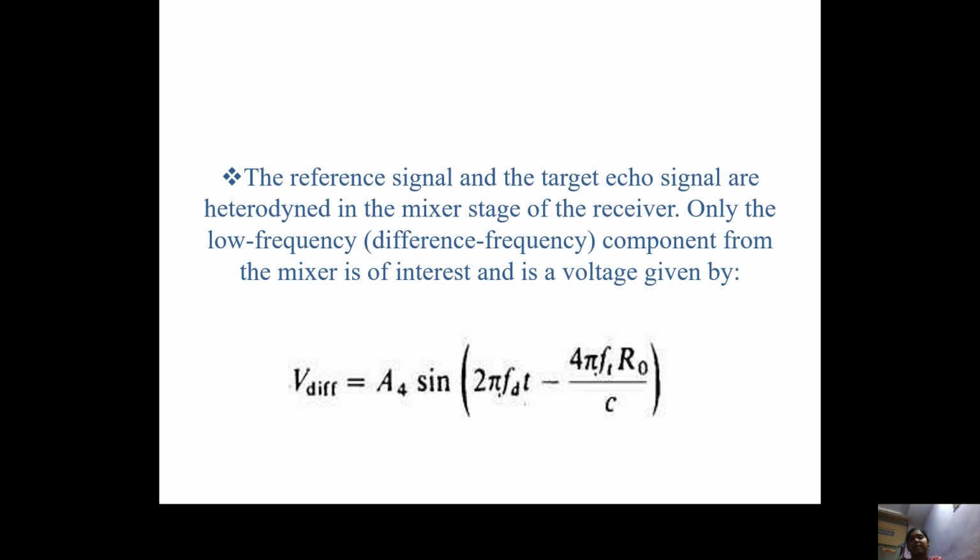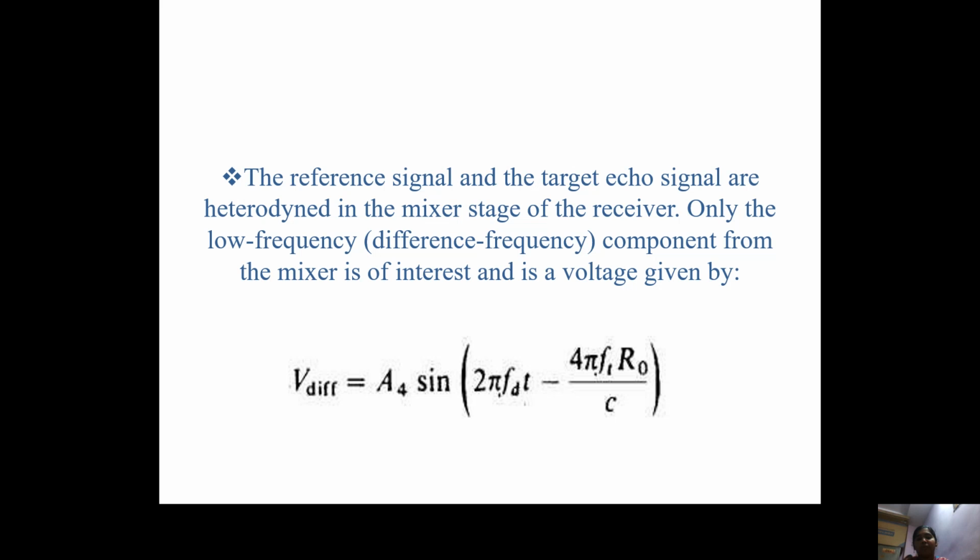As I have mentioned earlier, the reference signal from the continuous wave oscillator and the echo signal received at the receiver can be heterodyned. They are mixed, combined in the mixer stage of the receiver.